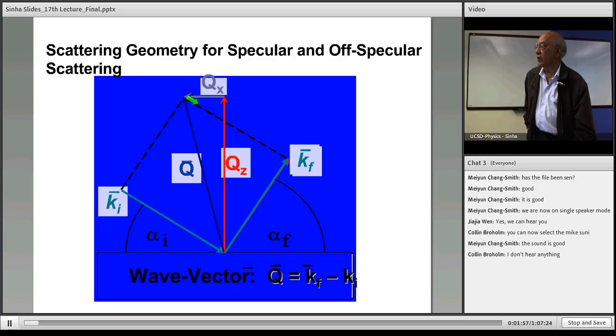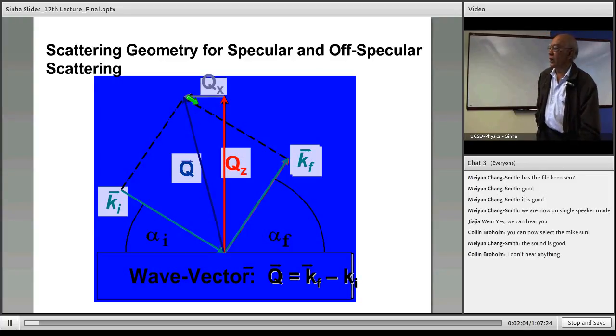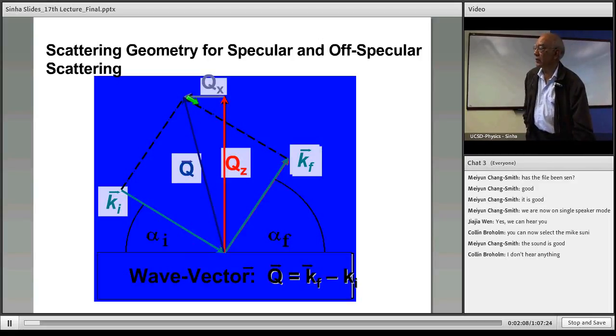And that means that the Q vector, which, as you know, in this case I'm going to define as Kf minus Ki, sometimes it's defined as Ki minus Kf, is along the perpendicular to the surface, the normal to the surface. And so this is called the specular ridge. Essentially, the specular reflectivity is measured all along this line.